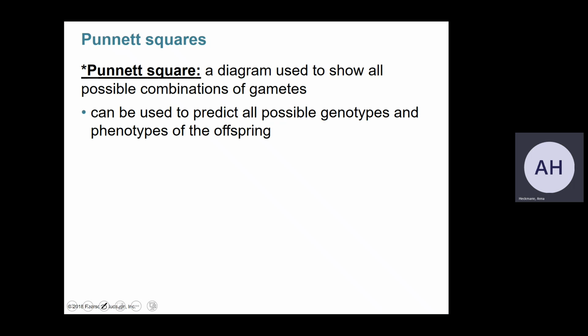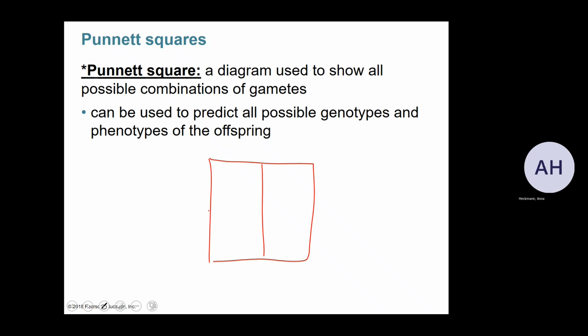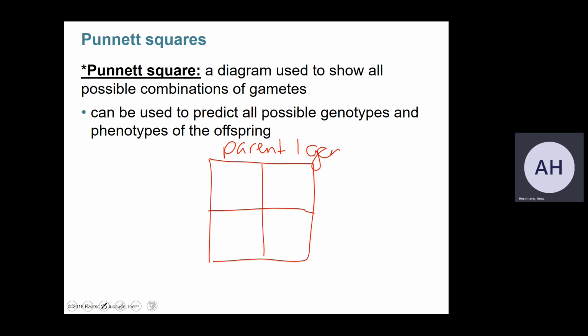All right, Punnett squares. A Punnett square is a diagram used to show all possible combinations of gametes. So if you know the parent gametes, then you can know all the possible genotypes of the offspring using a Punnett square. What you do is you draw a box like this, and you put parent 1 genotype on one side, and you put parent 2 genotype on the other side.